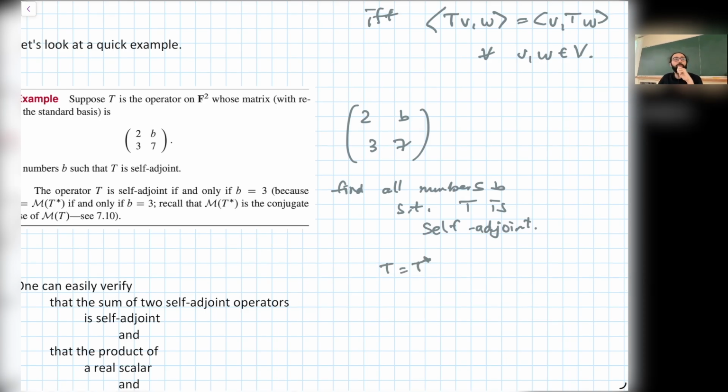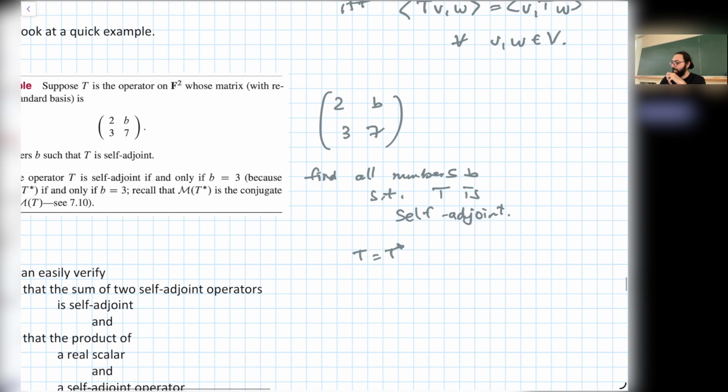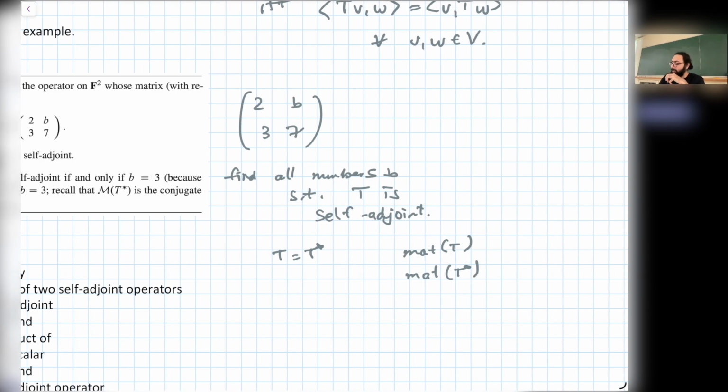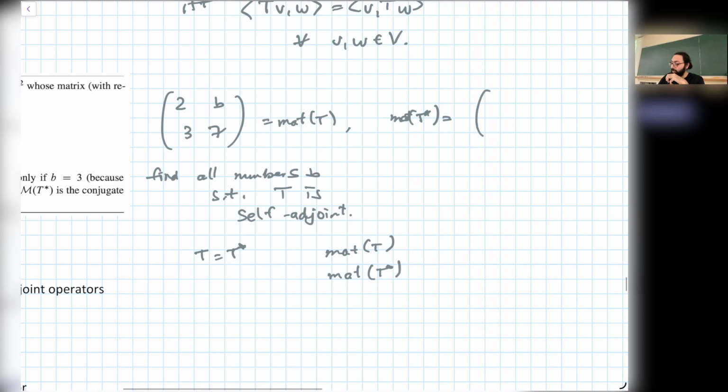And remember in the previous theorem, we had a characterization for the matrices of T. So if I give you a matrix for T, how would you construct the matrix for T star? How do you construct the conjugate transpose? It would just be the conjugate transpose.